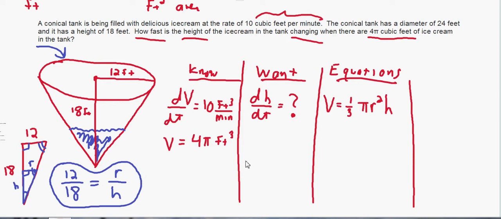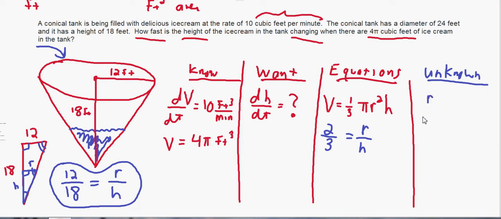So, here's what we want now. Since we have 2 equations, one with R and H and another with R and H, we can do a substitution. For right now, let's just rewrite this over here: 12 over 18 reduces to 2 over 3 equals R over H. Now we have these 2 equations, and what are our unknowns?